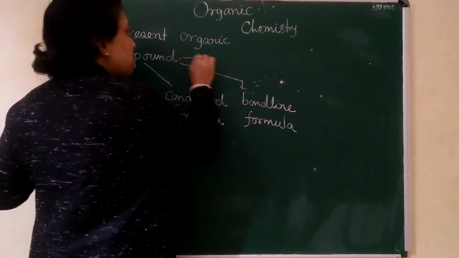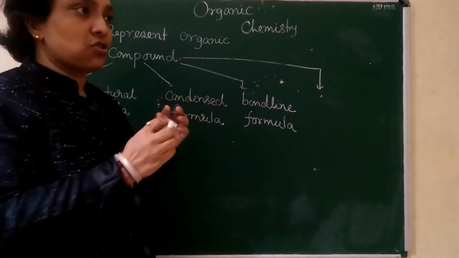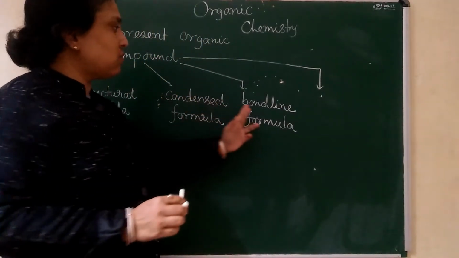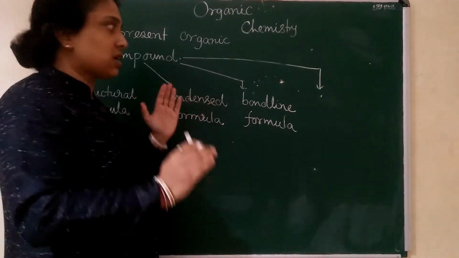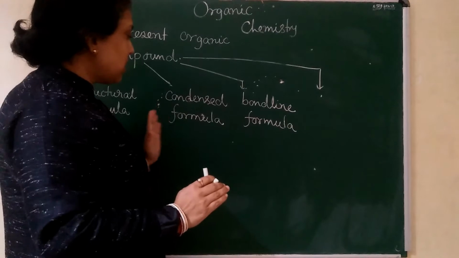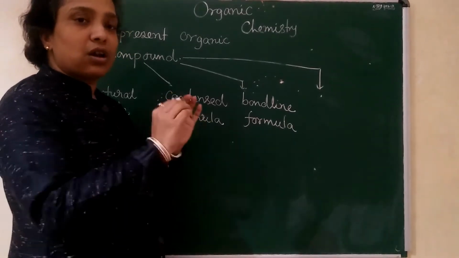Then another way to represent is the 3D dimension. These formulas we are writing are in a 2D structure, as when you represent a molecule on the blackboard or on pen and paper.